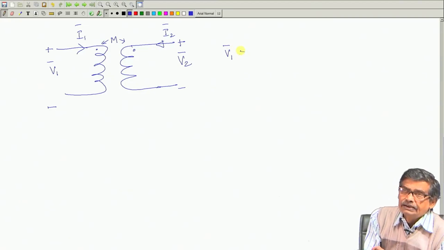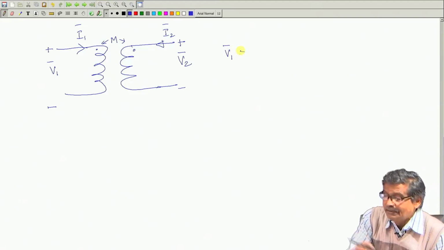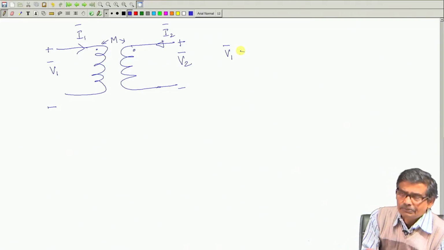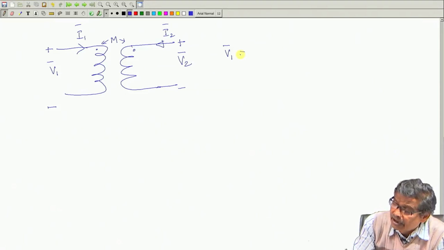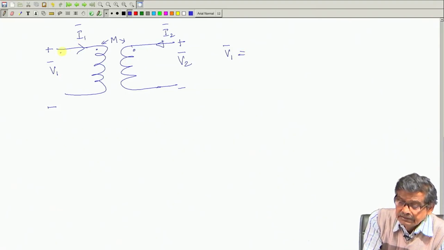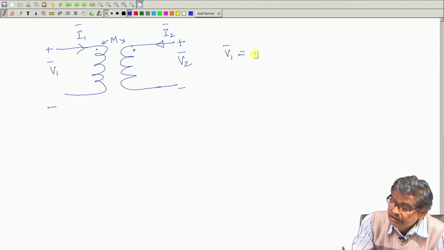It is not necessary to write in time domain and then come to phasor domain. If you are only interested in steady state current, I will draw all the quantities in phasor form, and then V 1 bar will be the self inductance term j omega L 1 into I 1 phasor.